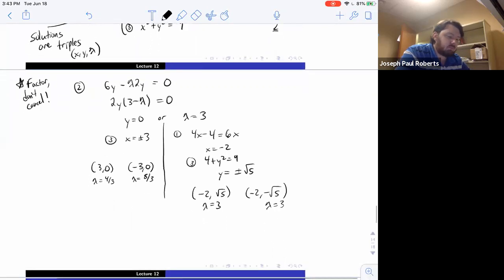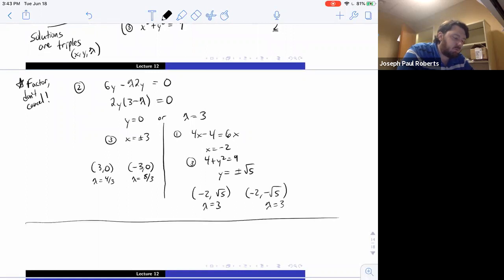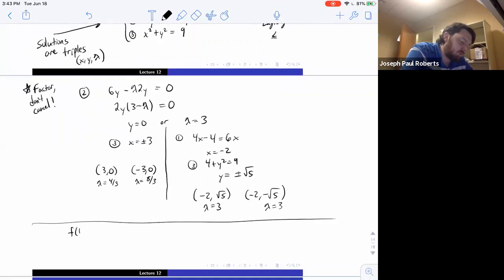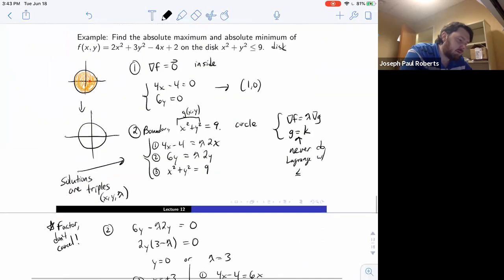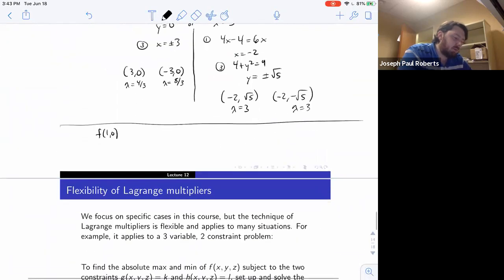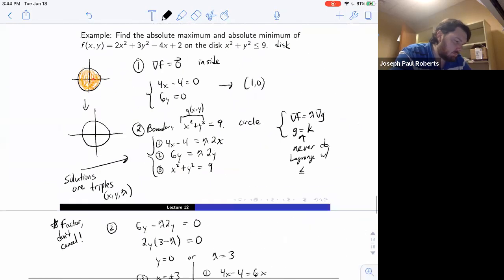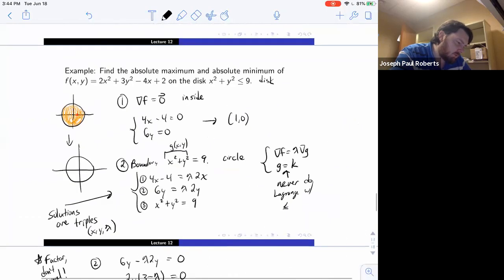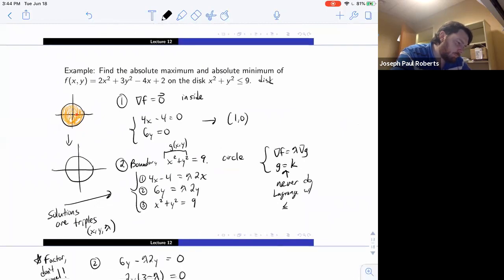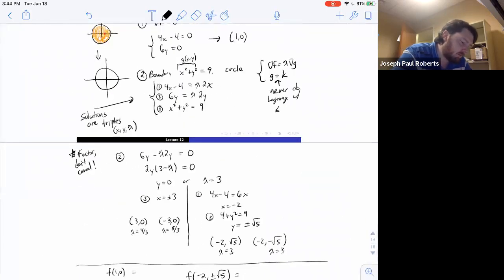But these actual lambda values, we don't really need them because the last step here is to do f of 1, 0, our critical point on the inside. Don't forget about that. But then we also need to do f of 3, 0, f of negative 3, 0. Okay, so what is this? 2x squared plus 3y squared. Let me zoom out.